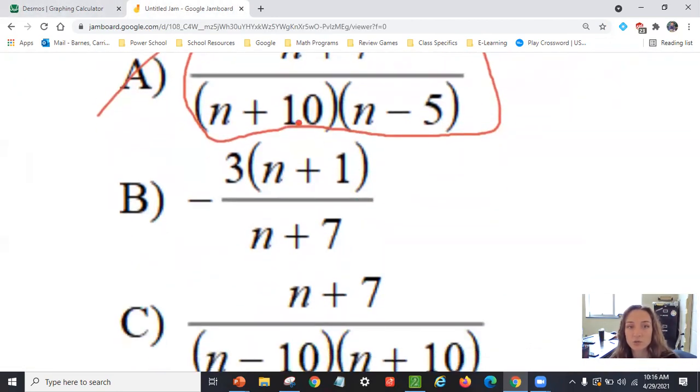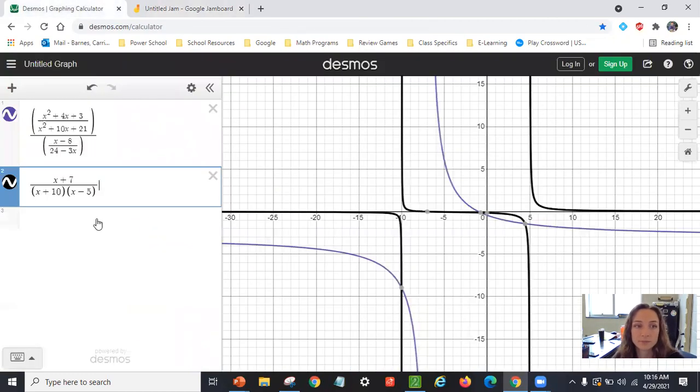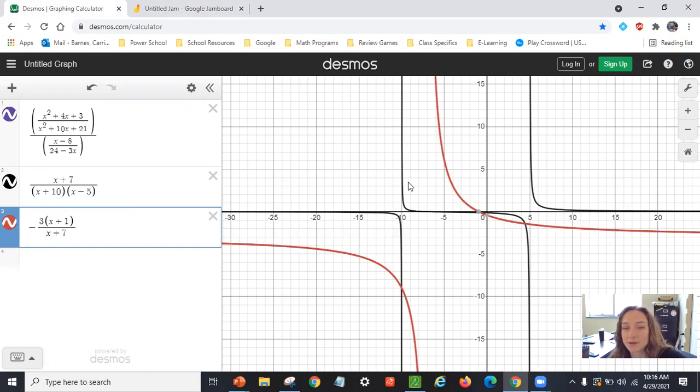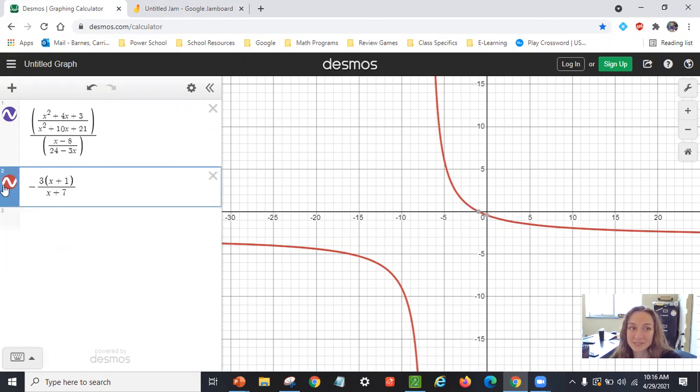So let's move on to answer choice B. Negative 3 times x plus 1, and then all of that is being divided by x plus 7. Then you ask yourself, does this one line up on top of my purple equation? Not this, this was answer choice A right here.